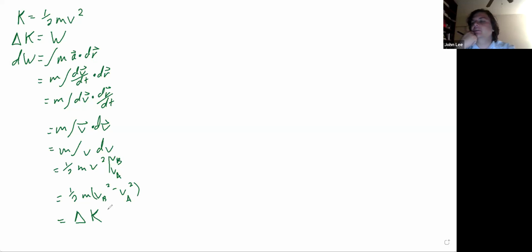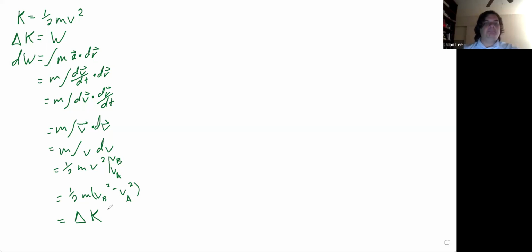It's by setting delta 1/2 mv squared equal to the work done by a force on the system. Then we can tell things about the final and initial velocity based on the type of work that was done and the final and initial position, or the path that was taken when we're talking about friction.